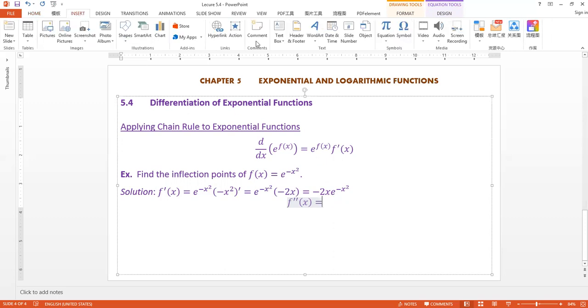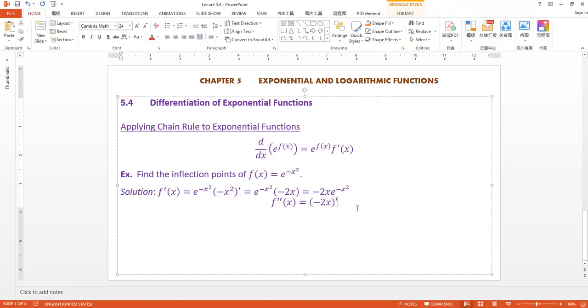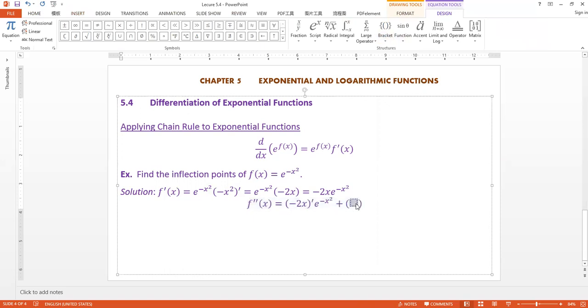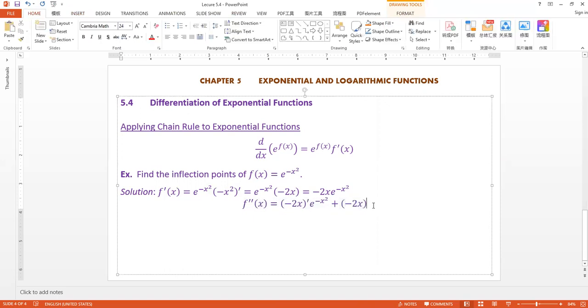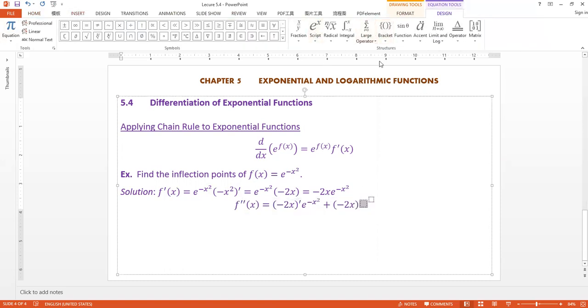So that's negative 2x prime, the derivative of the first function times the second function, plus the second function times the derivative of the second function, so that's e to negative x squared prime.